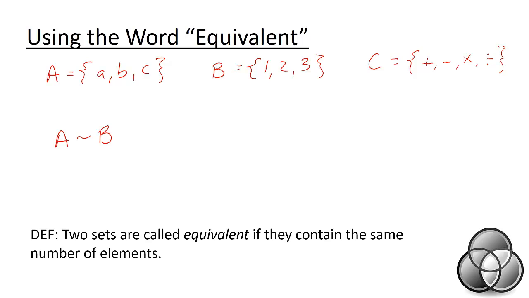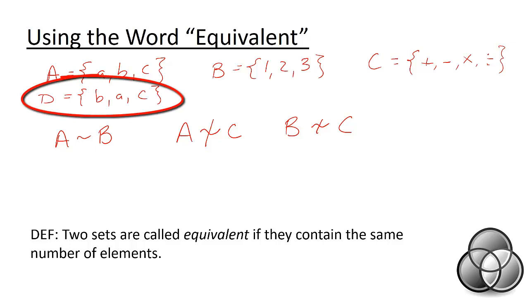For this kind of relationship, where two sets share the same number of elements, we use the word equivalent. In our case, we can write A is equivalent to B. We also have A is not equivalent to C, and B is not equivalent to C as well, since they don't share the same number of elements.